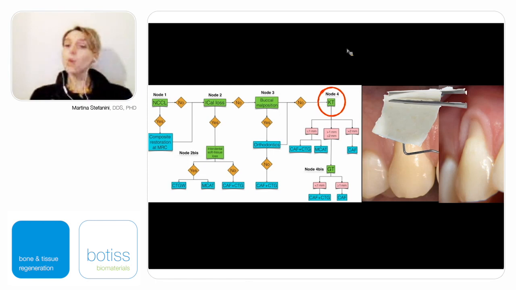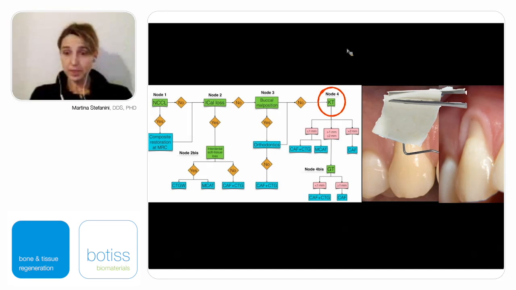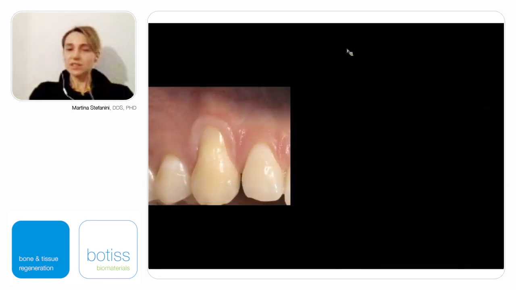But if we want to increase the soft tissue thickness with time, instead of harvesting a connective tissue graft from the palate, we can add a collagen matrix that will incorporate the blood clot and ensure the possibility to increase the soft tissue thickness with time. But in order to obtain this final result, we need to perform the surgical technique in the proper way.